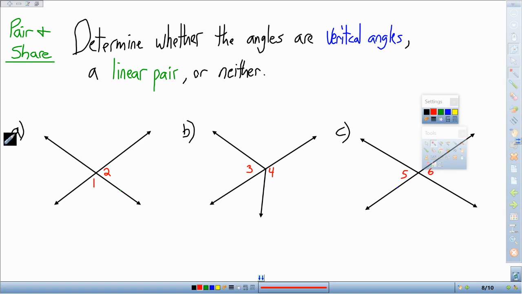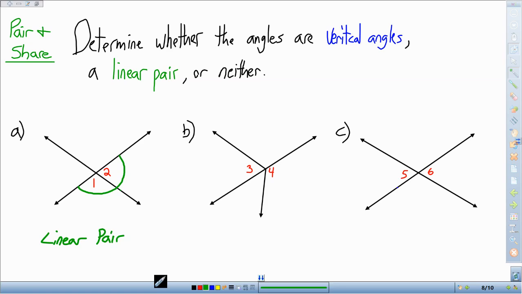All right, so on letter A here, we're looking at angles 1 and 2. Here's what I notice. These are two angles that make a flat line. Okay, so I know that means they're considered a linear pair. Okay, taking a look at letter B, I notice we have these two angles that are across from one another.